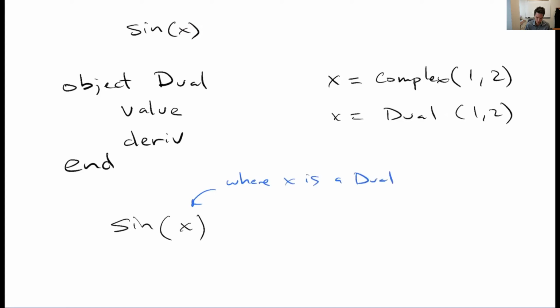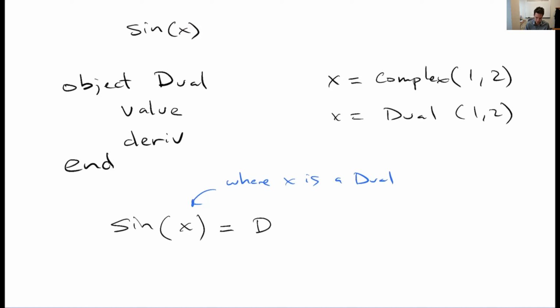Remember, the sine function is going to be different depending on what's in there. If I had a complex number, it actually calls something else. I just made up this dual number, so my computer doesn't know what to do with it. So I need to define this for it. I'm going to define what should be returned. I put in a dual number and I want to get a dual number out.